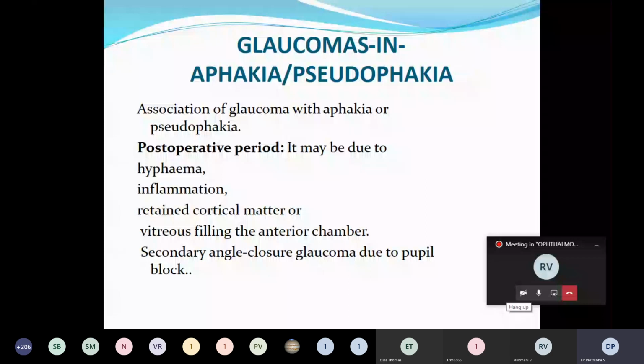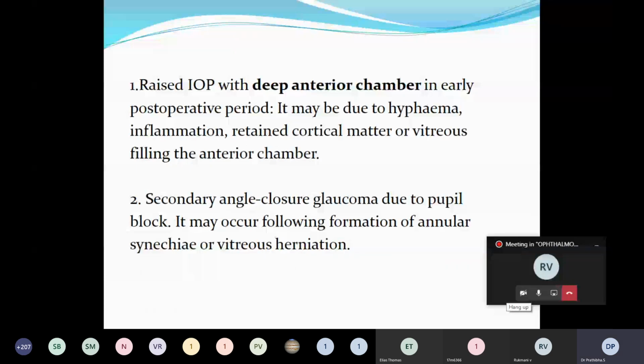One more complication of cataract surgery is rupture of the posterior capsule. Whenever there is a rupture of the posterior capsule, the vitreous can gush from the posterior chamber to the anterior chamber, and then again this leads to raised IOP. Secondary angle closure glaucoma due to pupillary block can also occur. So raised IOP with a deep anterior chamber in the early post-operative period may be because of hyphema, inflammation, retained cortical matter, or vitreous.